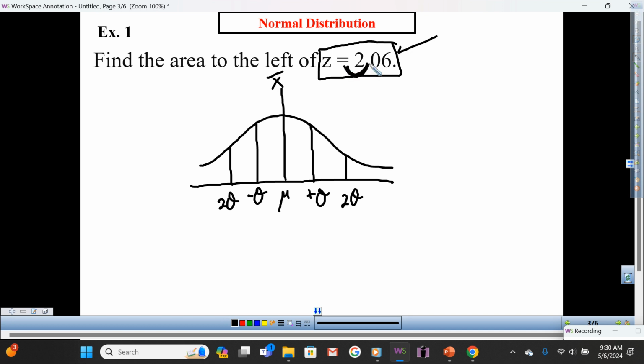At least what? Yeah, at the right side of the mean, at least 2 standard deviations and a little bit more. So that z-score is 2 standard deviations, 0.06. So very close to the second standard deviation. But they want the area to the left of the z-score. Show your neighbor how you're using that table to see if they find the same thing as you. And then find me the percent.